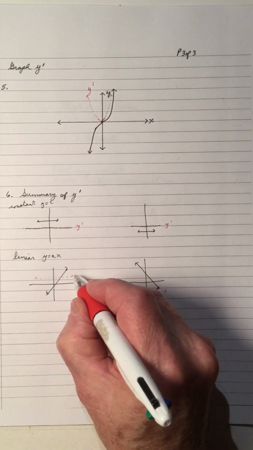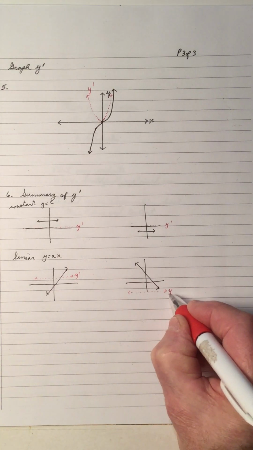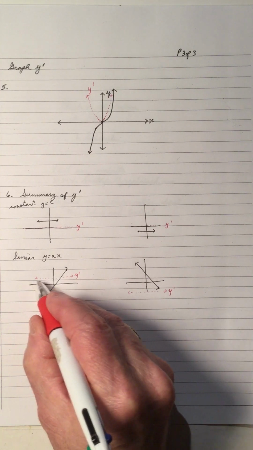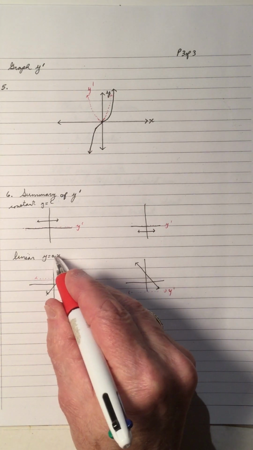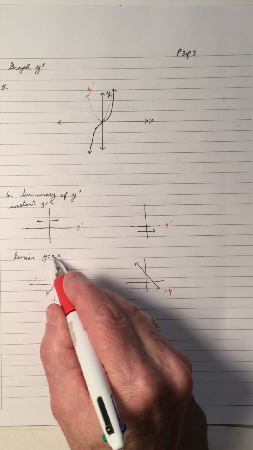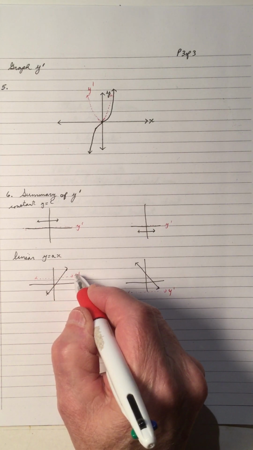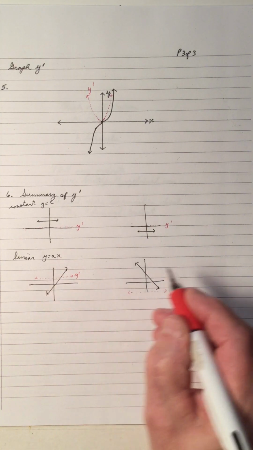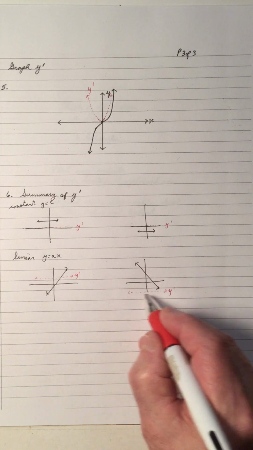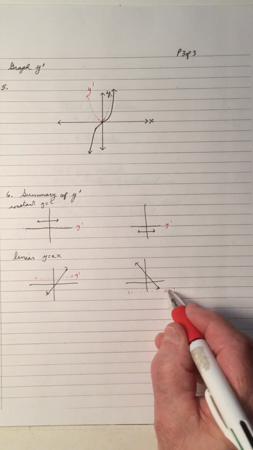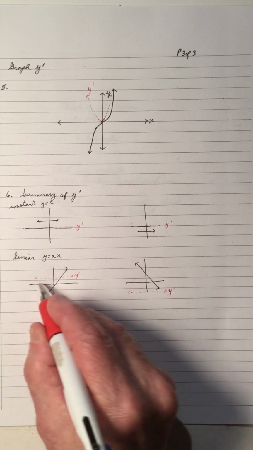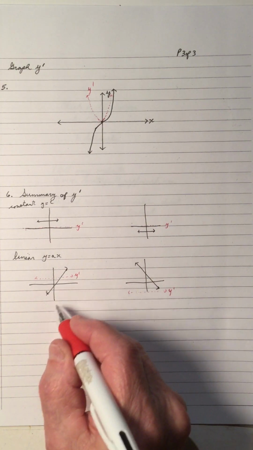So this is y prime. The derivative of a linear is a constant term, horizontal. Slope is negative, slope is positive.